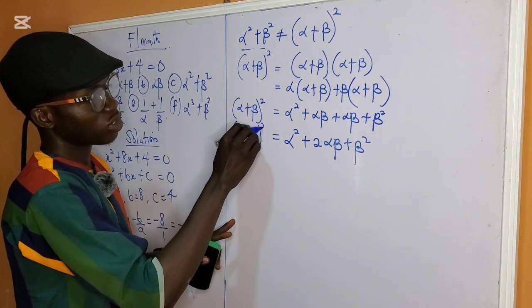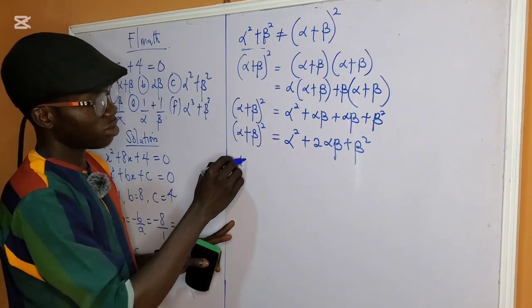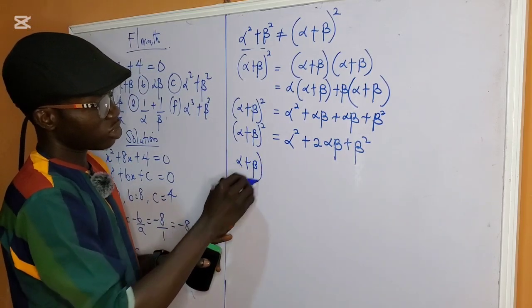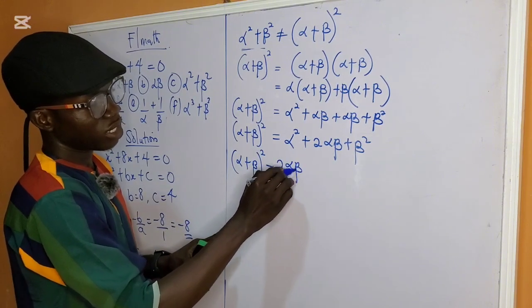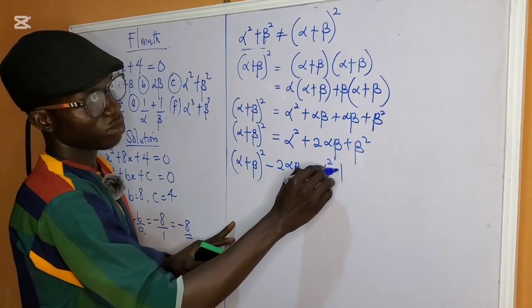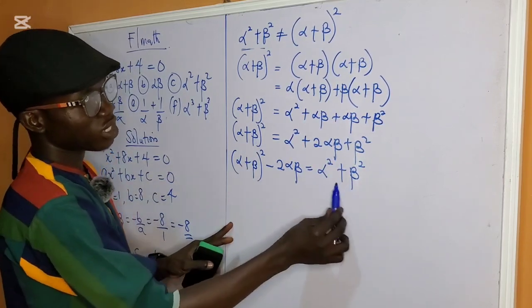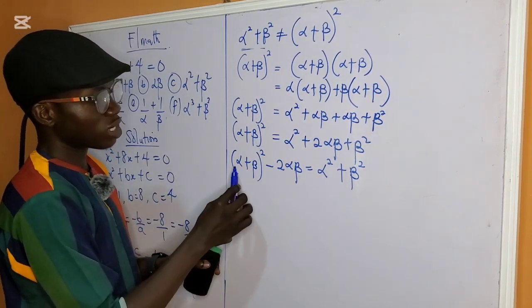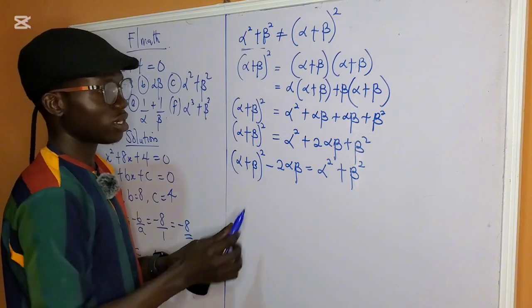So we take this to the other side. So alpha plus beta squared minus 2 alpha beta equals alpha squared plus beta squared. So alpha squared plus beta squared equals alpha plus beta all squared minus 2 alpha beta.